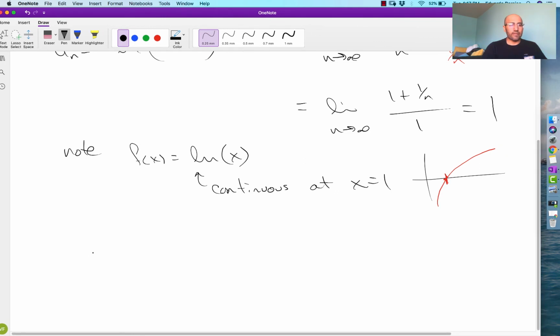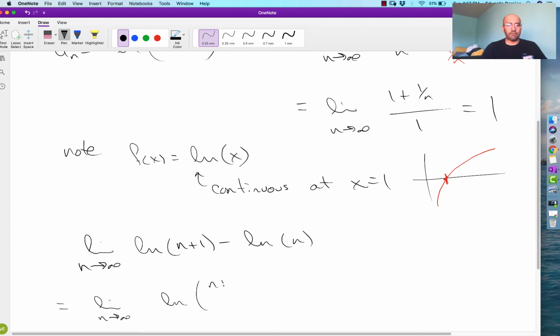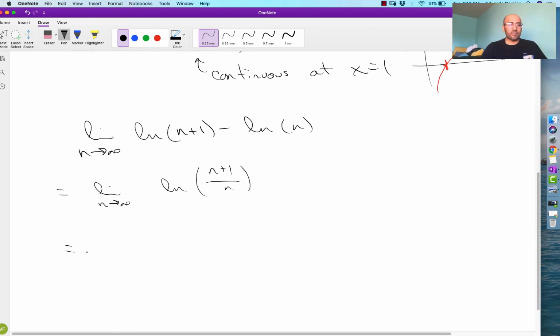Let's say then the limit as n goes to infinity of ln of n plus 1 minus ln of n is equal to the limit as n goes to infinity of ln of n plus 1 over n, which is equal to ln of the limit as n goes to infinity of n plus 1 over n. And that's true because this is equal to 1.